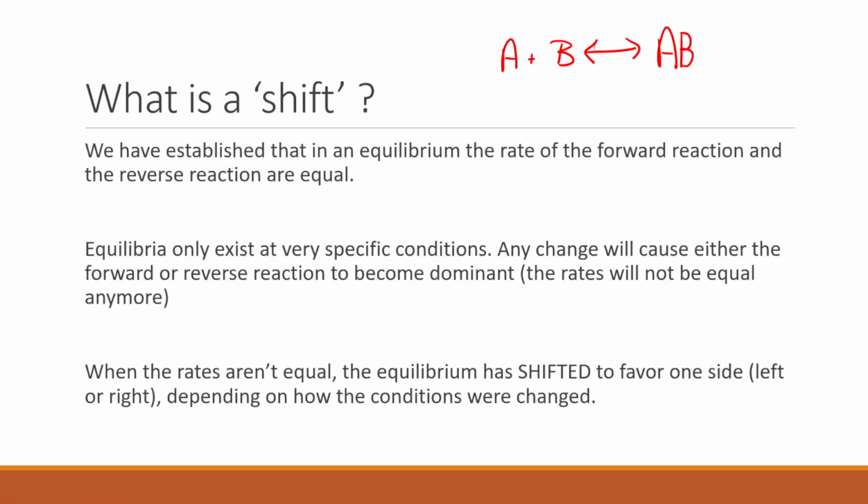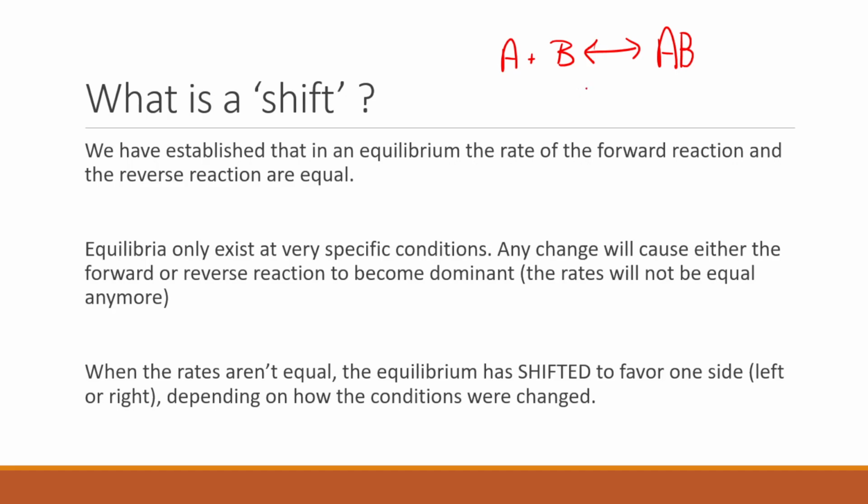If I want to call it an equilibrium, that means that the rate of the forward reaction, A plus B making compound AB, and the rate of the reverse reaction, AB breaking down to make the elements A and B, need to be the same.